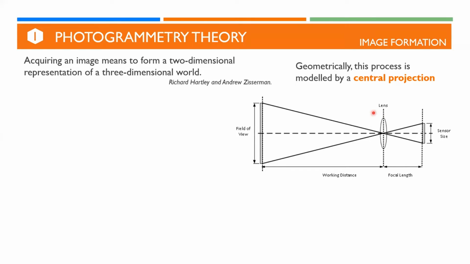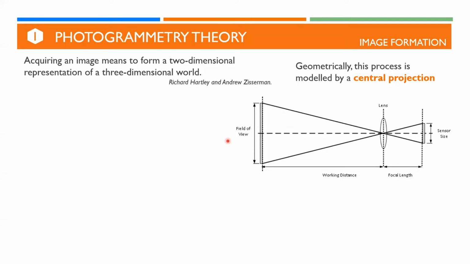So as you can see here, we have the lens. We then have our reality. The characteristic of the camera give us the field of view, that is this part, and each point on the reality is then back projected or reprojected in the sensor.